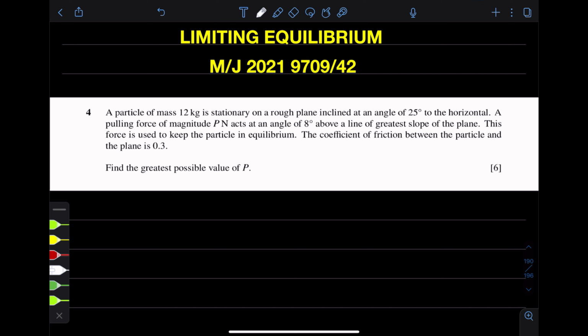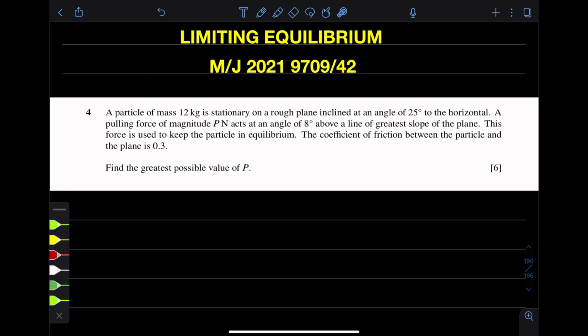First of all, we sketch the inclined plane. Now the plane is rough and the mass is 12 kg, 25-degree angle to the horizontal, 8-degree angle of the pulling force above a line of greatest slope of the plane.